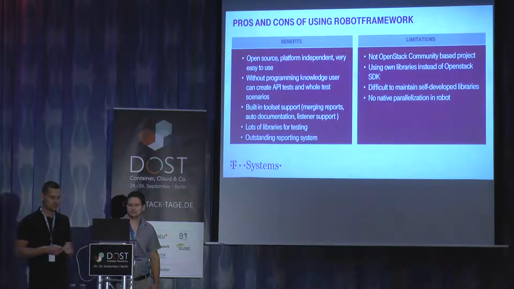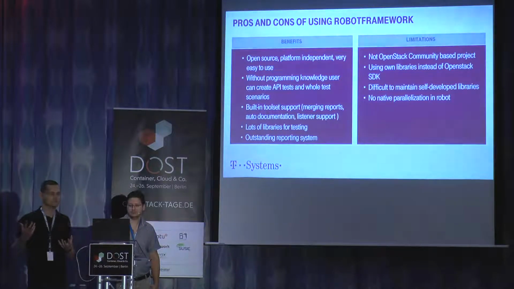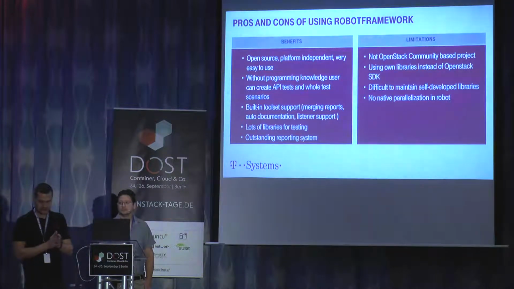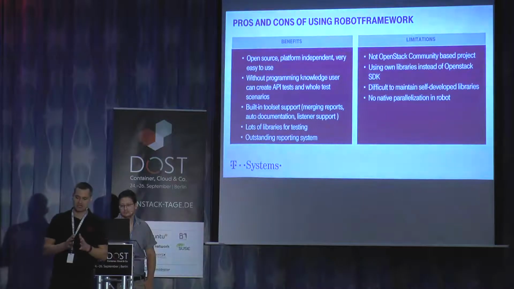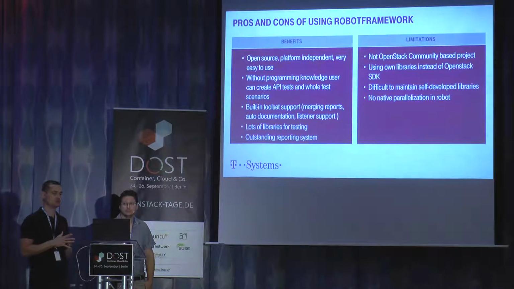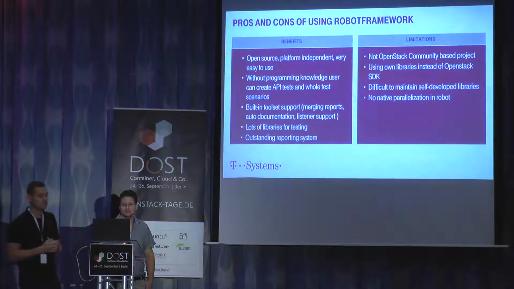Listener support is a feature which we use for sending metrics to Grafana from the Robot Framework test cases. Of course, it's open source, it's cool, and the parallelization we've mentioned. Currently, we use Jenkins for that, even though there is a project called PABOT, Parallel Robot Execution.